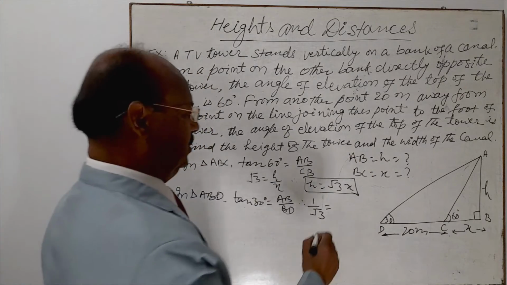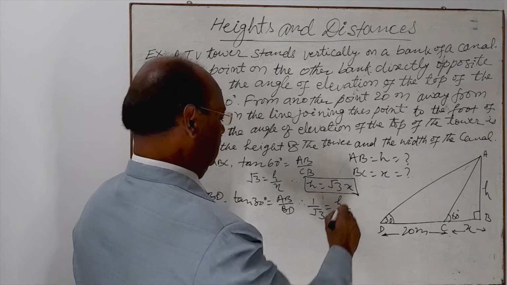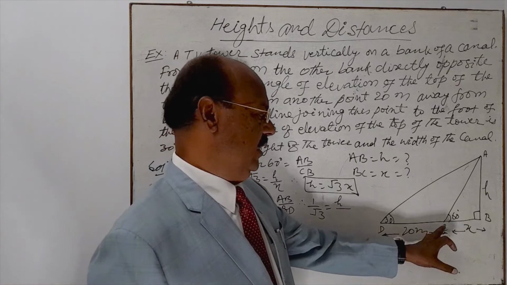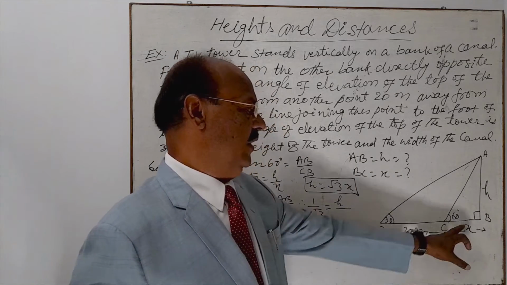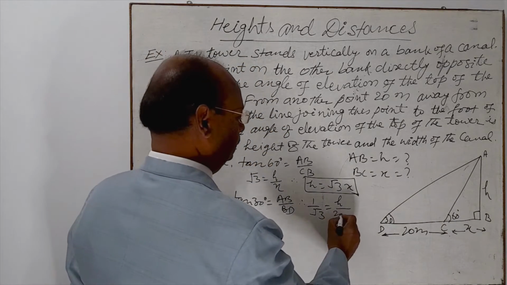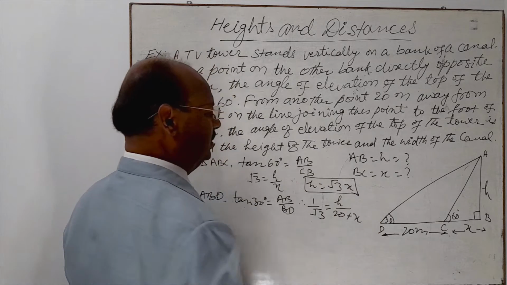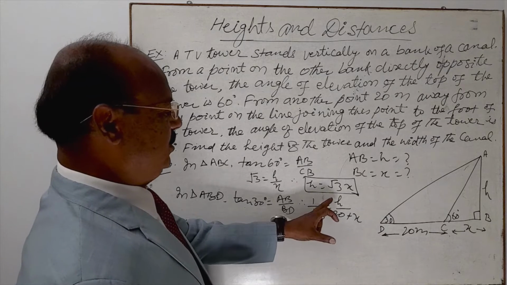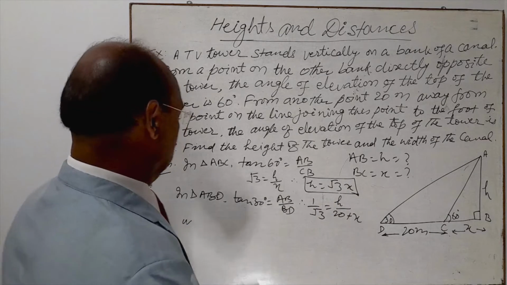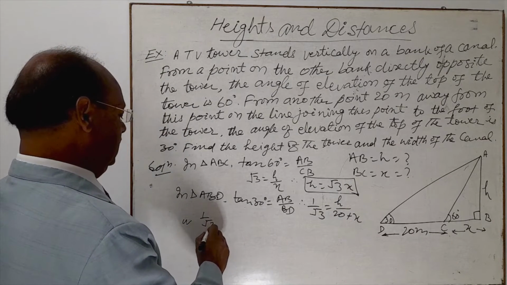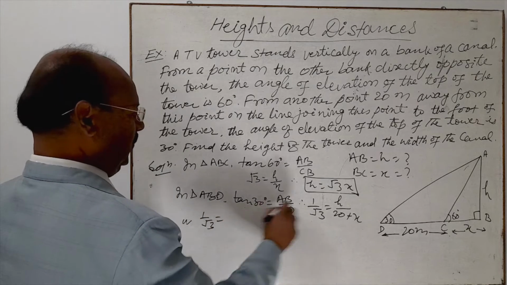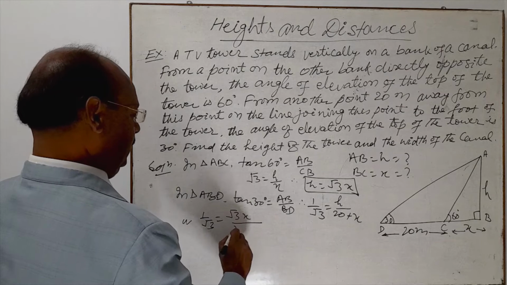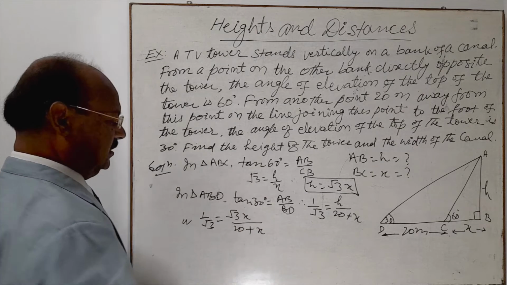We have supposed H, and BD is DC plus CB means 20 plus X. Or we can write, in place of H, we can write root 3X. So 1 by root 3 is equal to root 3X upon 20 plus X.